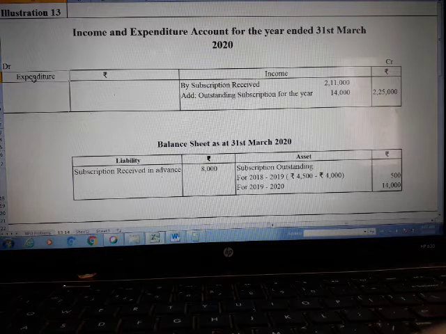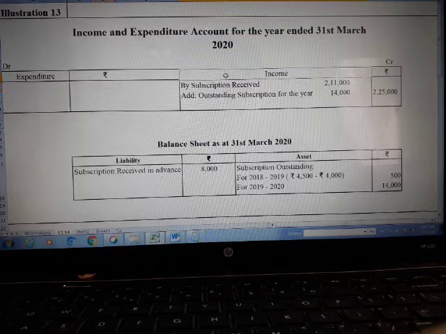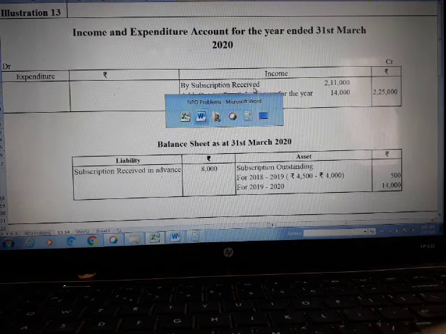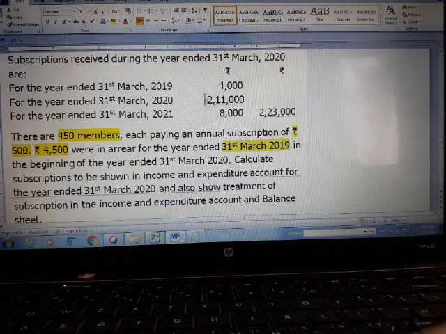So the expenditure side will be on the debit side, with the amounts for the expenditures, and income will be on the credit side. Now, the subscription that you have received during the year, 2,11,000, we should not take this value. The reason is we have been asked to show the income and expenditure account for the year ended 31st of March 2020.